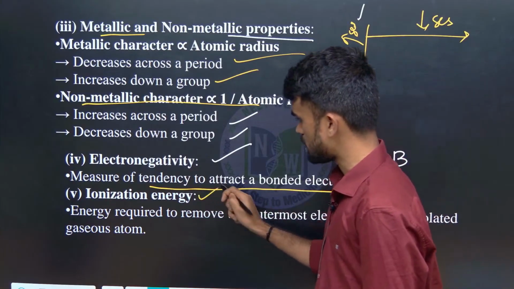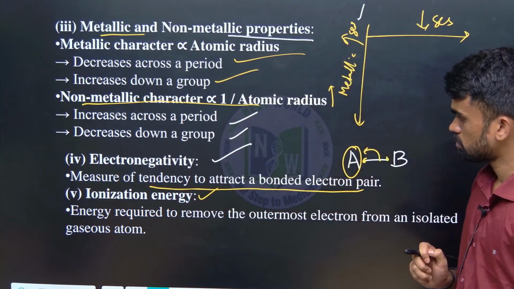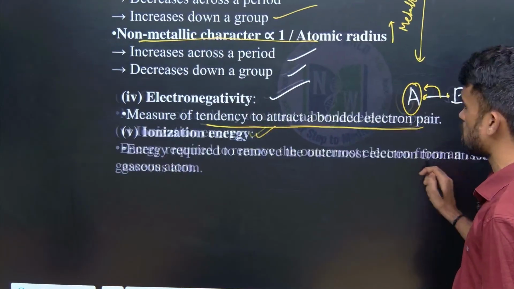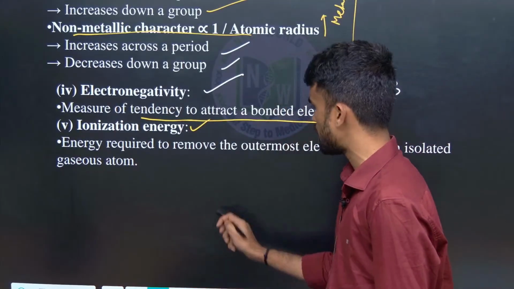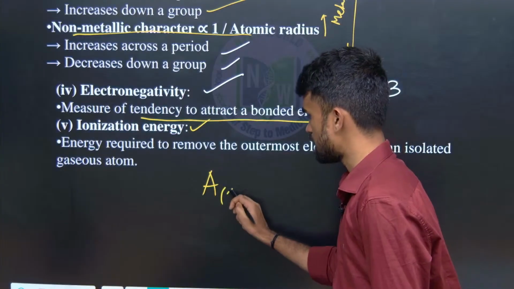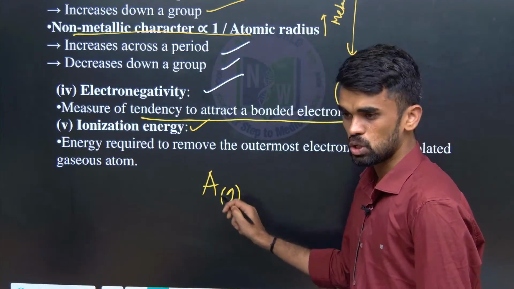Next, what about ionization energy? It is the energy required to remove the outermost electron from an isolated gaseous atom. For example, A is an element in the gaseous state and it is an isolated atom.